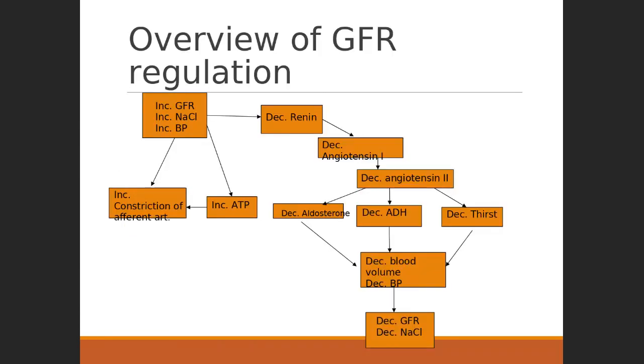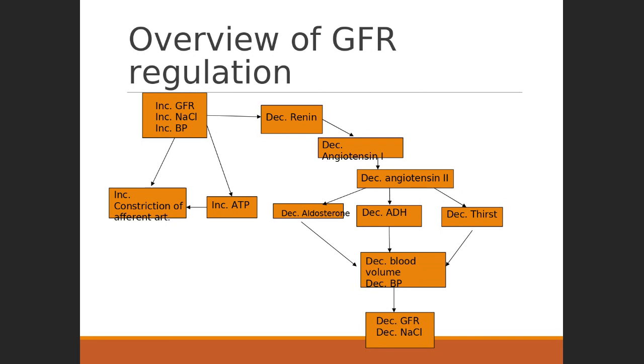So, I've always thought that these scenarios were better to look at in a flowchart manner. In this flowchart, I have put both your myogenics and your tubuloglomerular feedbacks in the same chart. We just have to know where they are. Because remember, they're two different systems working together to stabilize GFR.